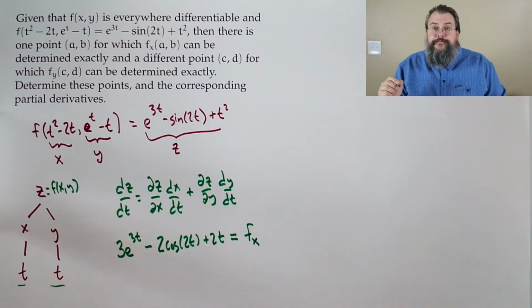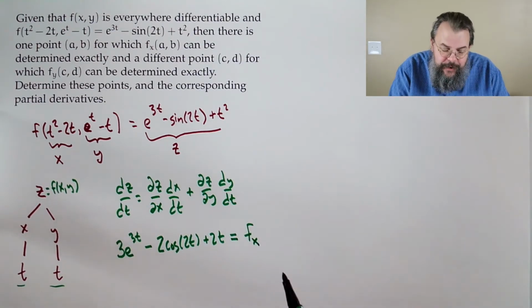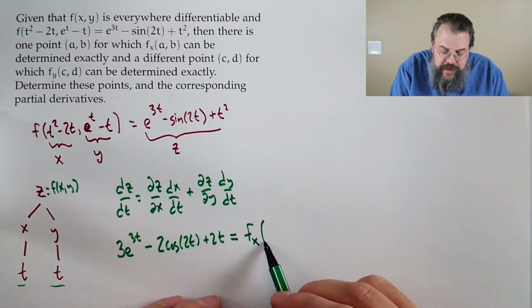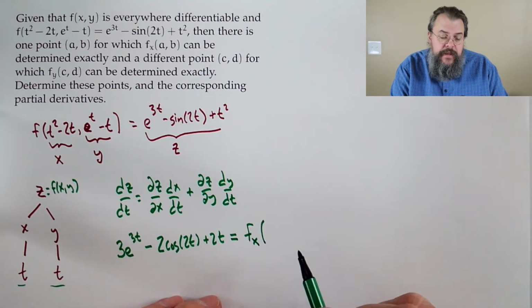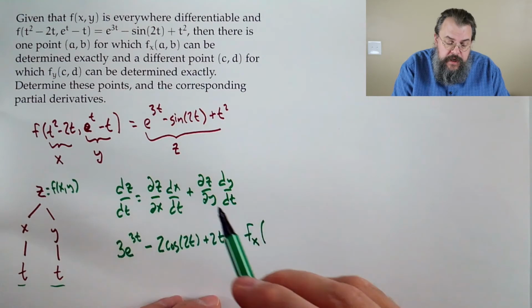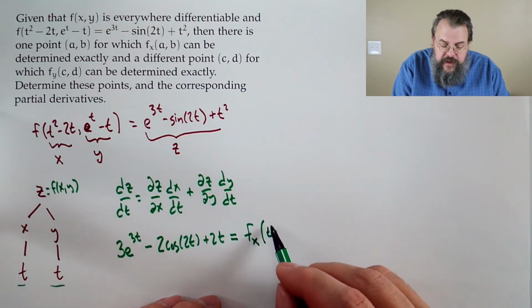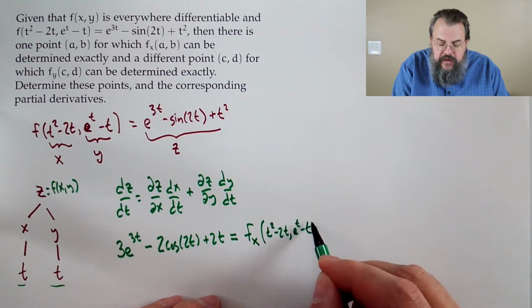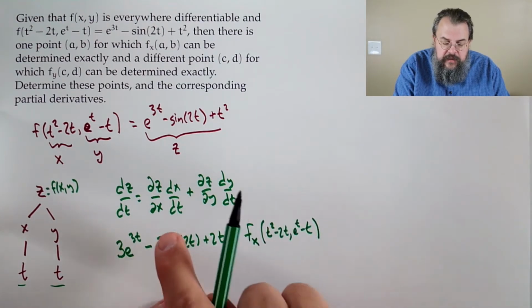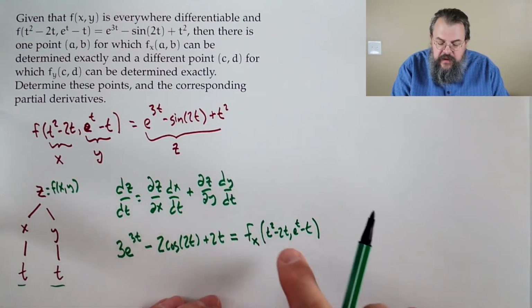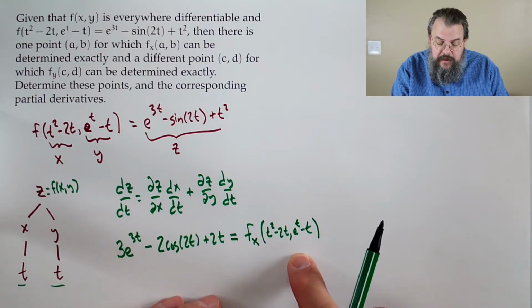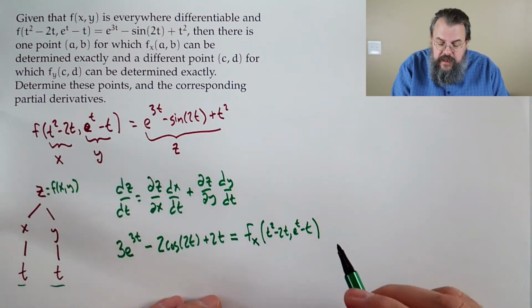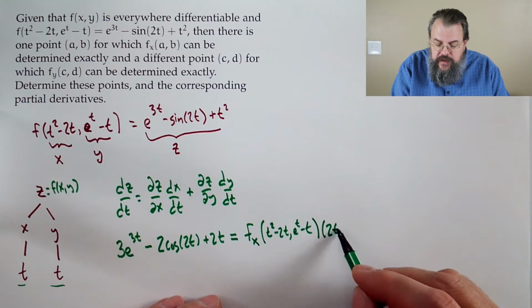We would write f sub x of x comma y. We know what x and y are, so we put those in as functions of t: t squared minus 2t, e to the t minus t. That's partial z partial x, times dx dt, so take the derivative of x with respect to t. We get 2 times t minus 2.